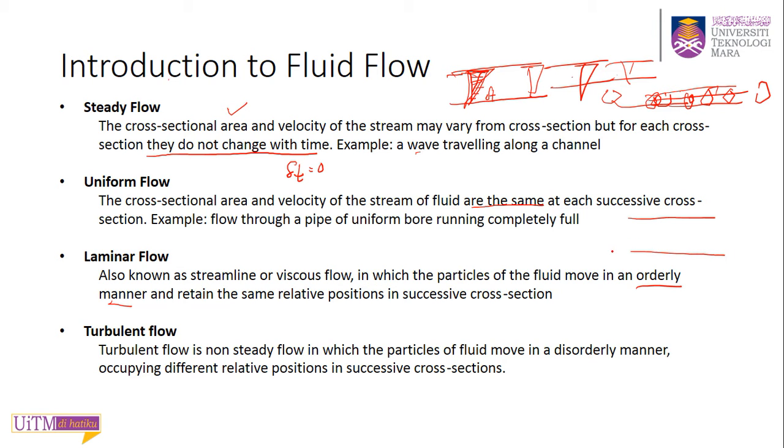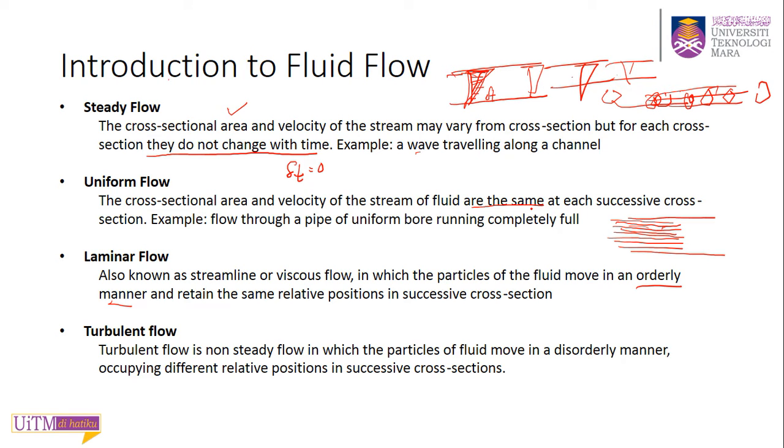For laminar flow, the fluid has layers, and the layers of the flow move in a very orderly manner. They do not collide with each other. It's just smooth. The layers do not collide with each other. So that's laminar flow.